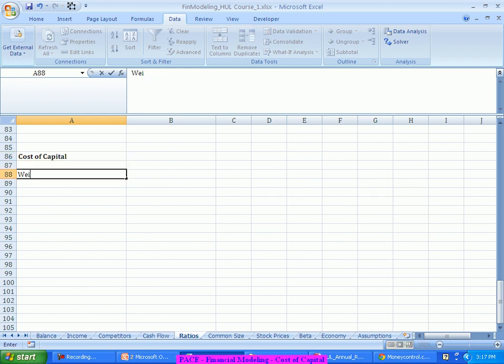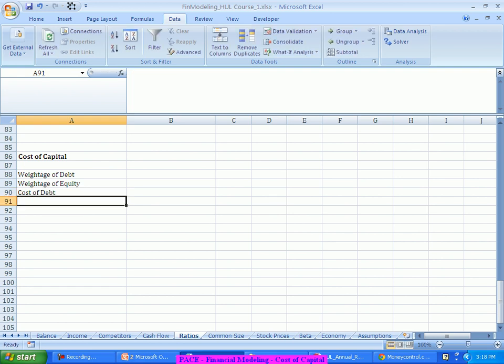For that I require weightage of debt, weightage of equity, cost of debt, tax rate, or probably I'll call it post-tax cost of debt, and cost of equity.